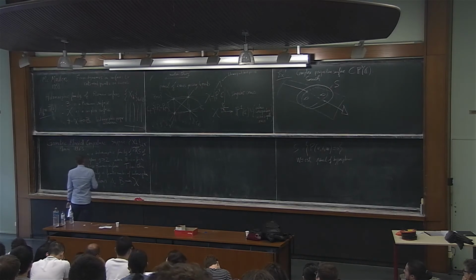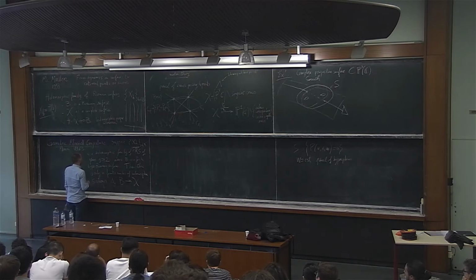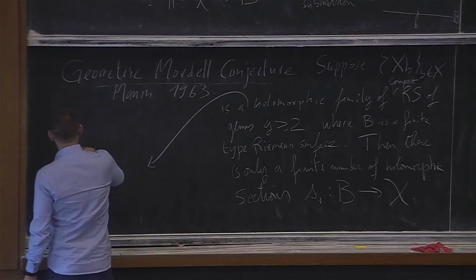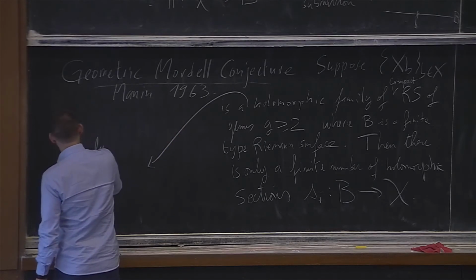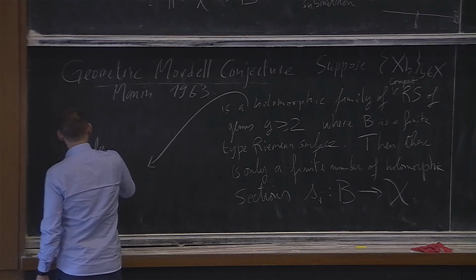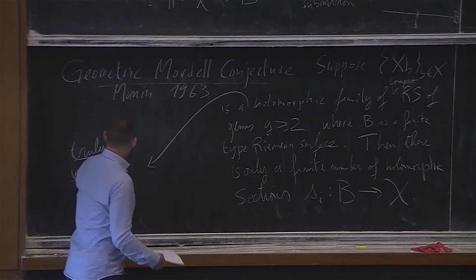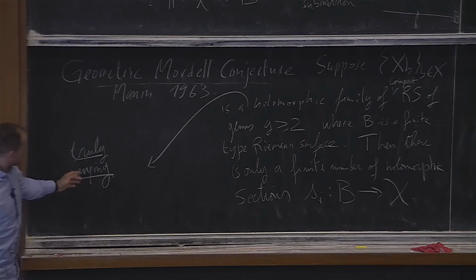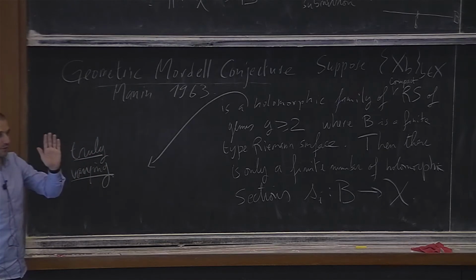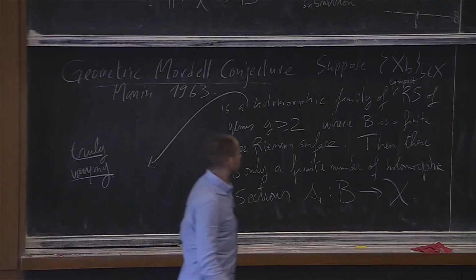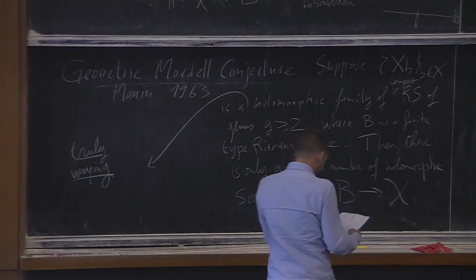So I just missed a hypothesis, which is here a truly varying family. Namely, you want that the moduli of your curves is not constant, right? So you're completely right.